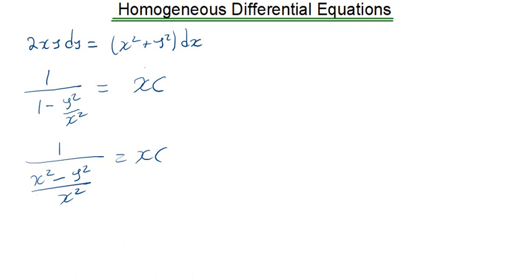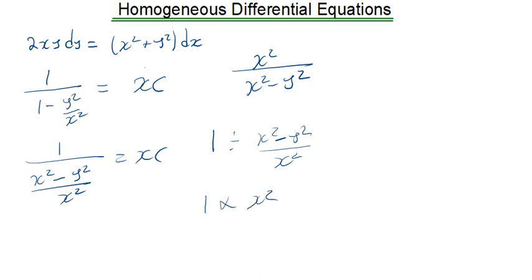Okay, so now this can also be written as x squared over x squared minus y squared, because that was just simply 1 divided by x squared minus y squared divided by x squared. If you change this to multiplication, you're going to say it's 1 multiplied by x squared over x squared minus y squared, which is simply what I've written right there.